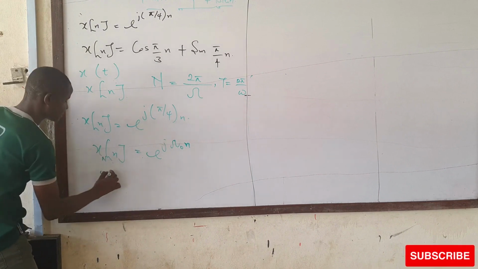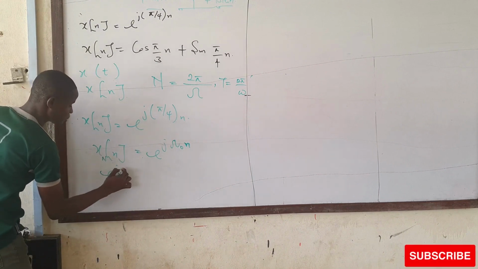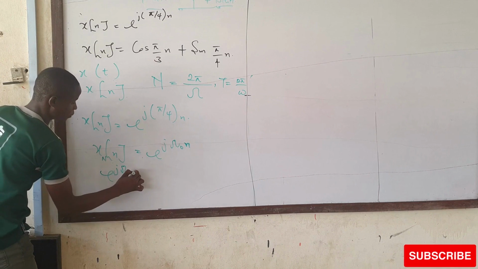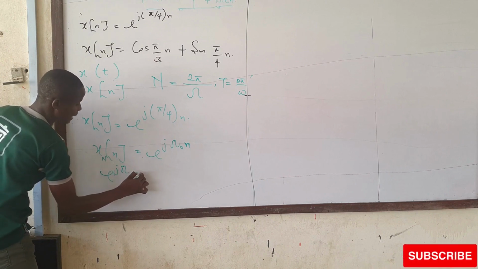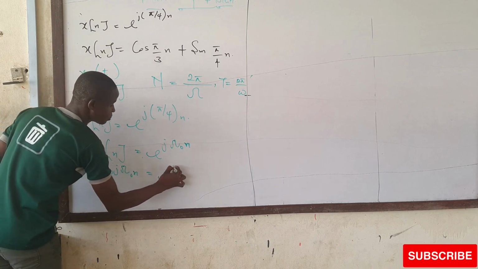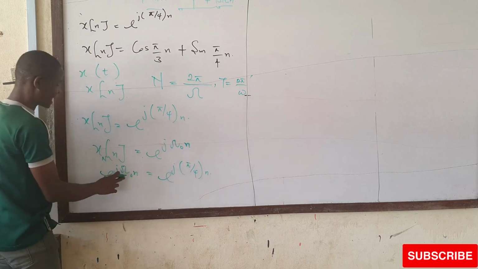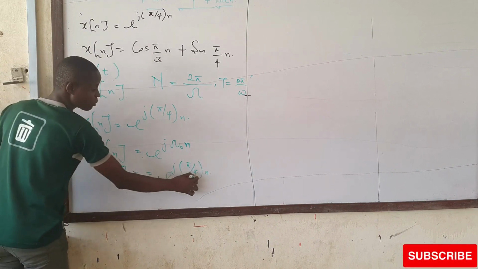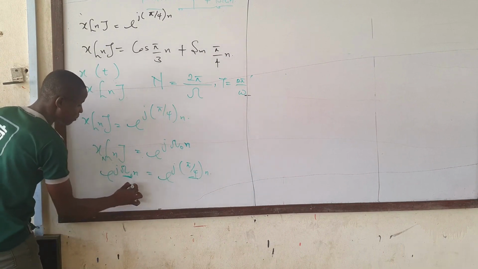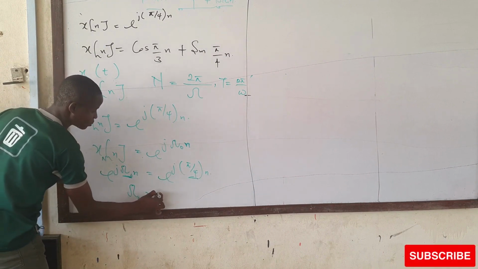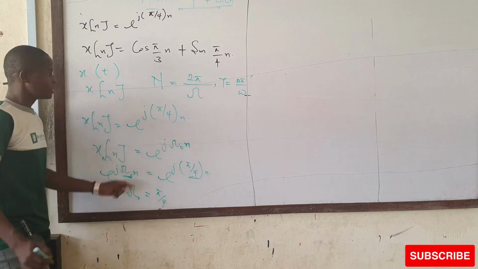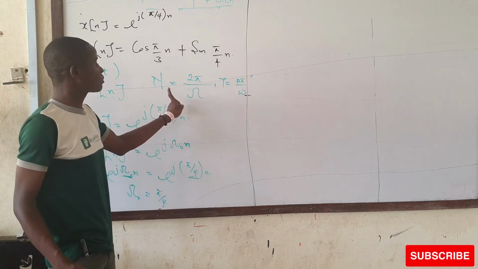If I compare them, I have the complex number e^(j omega naught n) equals e to the power j (pi over 4) of n. Now, I can see that where omega is standing is where pi over 4 is standing. So my omega in this case is pi over 4.